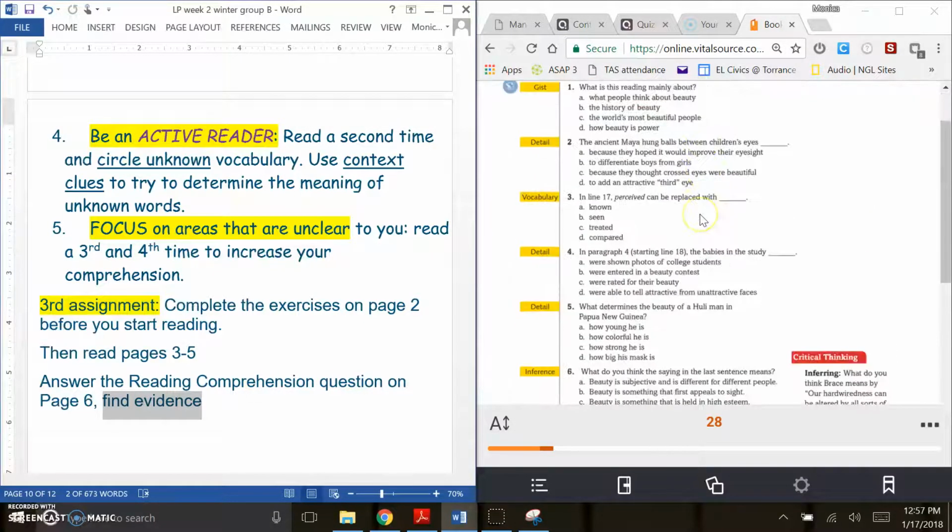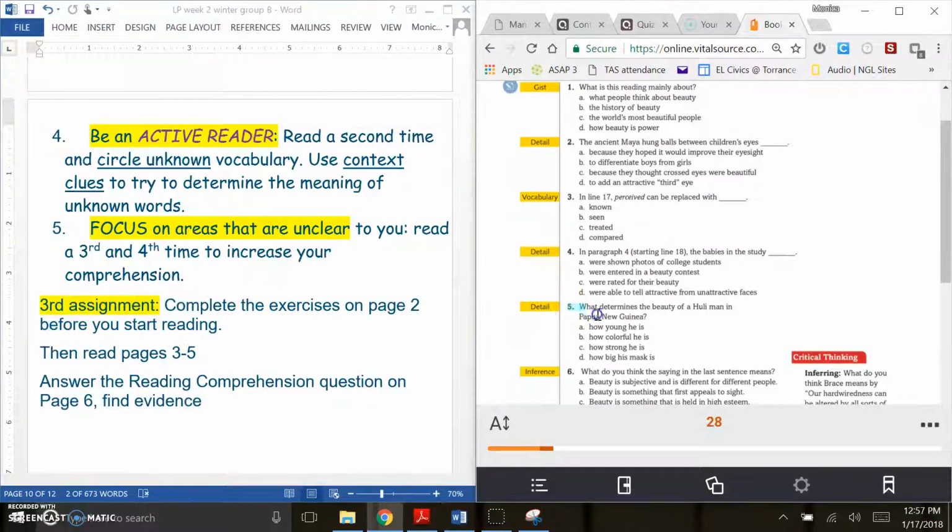So, for example, let's look at number 5. So, number 5, okay? The question is, what determines the beauty of a Huli man in Papua New Guinea? Well, that means that imagine the answer is letter A, okay?